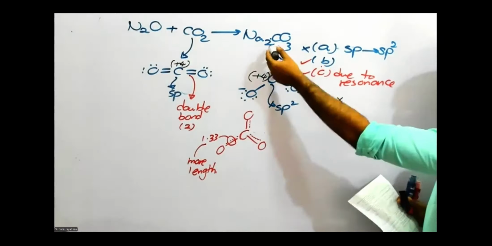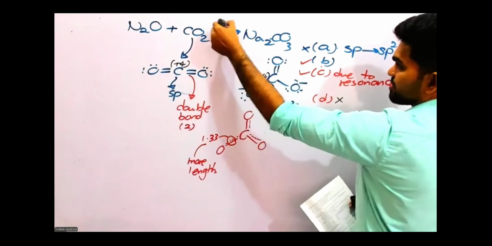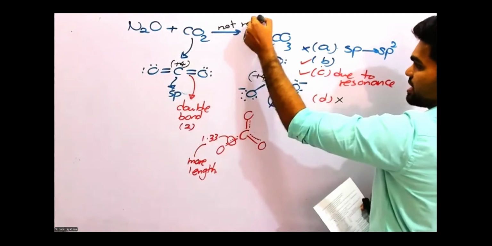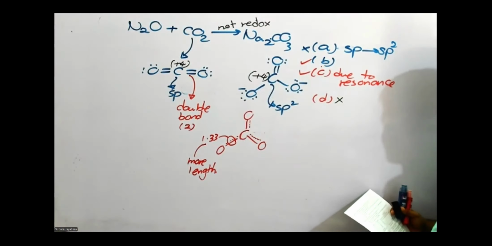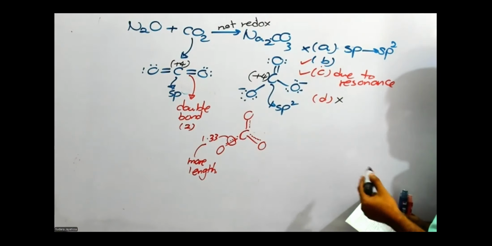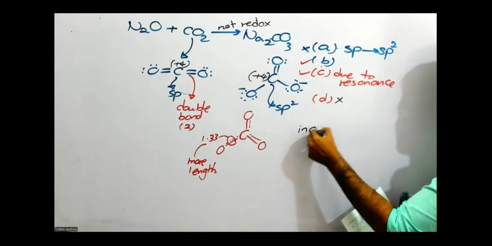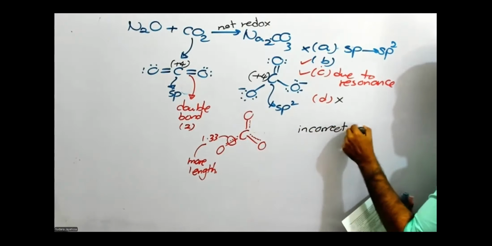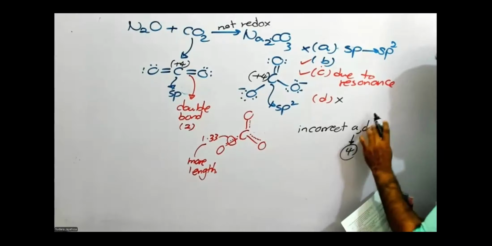This reaction is not redox. You can understand that the oxidation numbers of entities are not changing. So now don't panic and select the answer for B and C. They are asking incorrect ones. So incorrect ones are A and D. So answer is going to be answer 4.